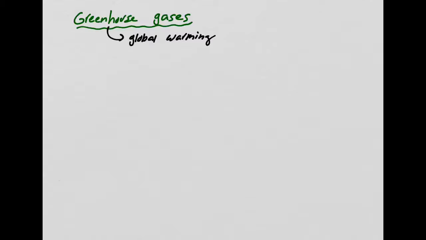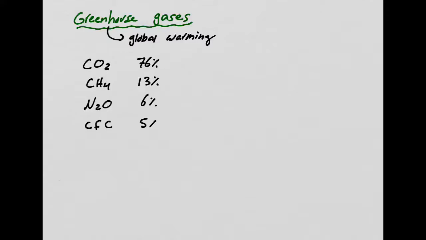Now, let's talk about these gases. The greenhouse gases are carbon dioxide, about 76%, methane, about 13%, dinitrogen oxide, about 6%, and chlorofluorocarbon, about 5%.